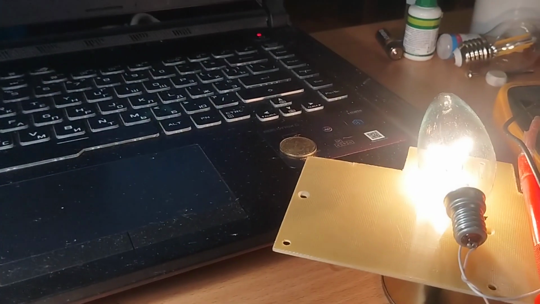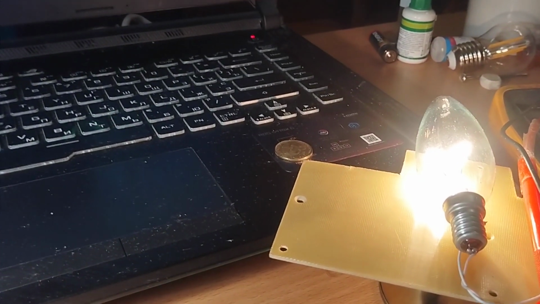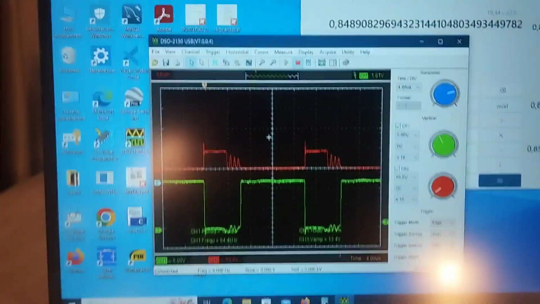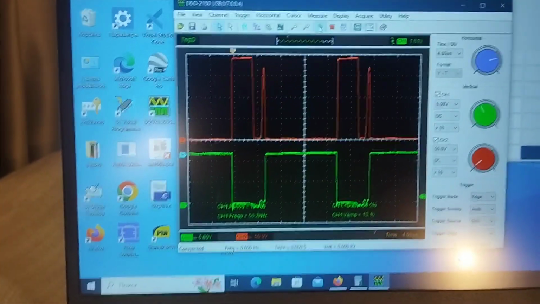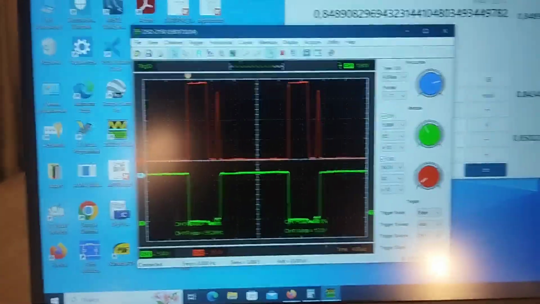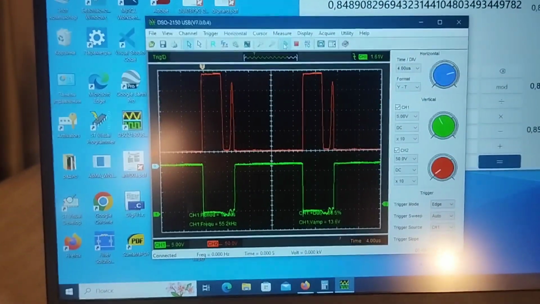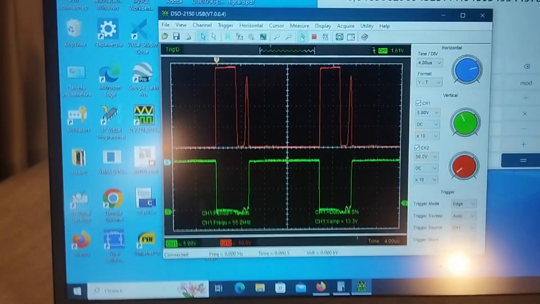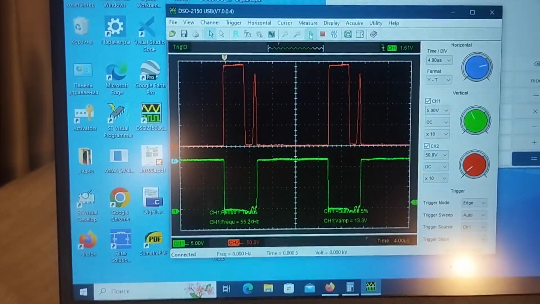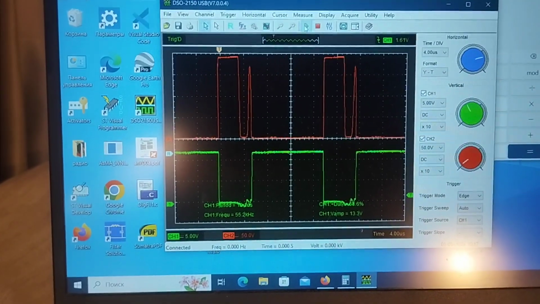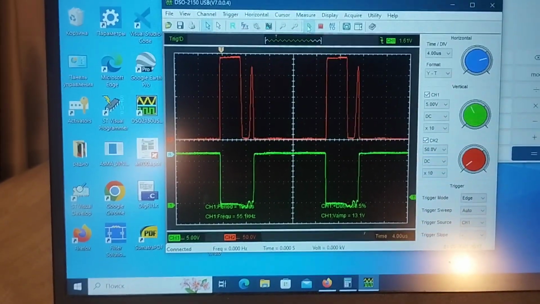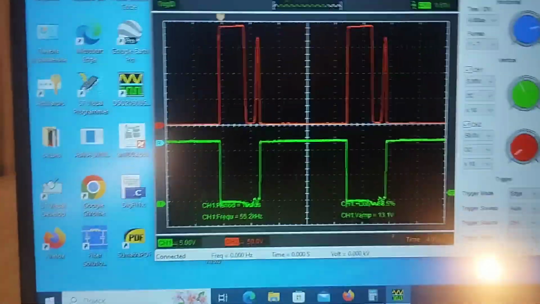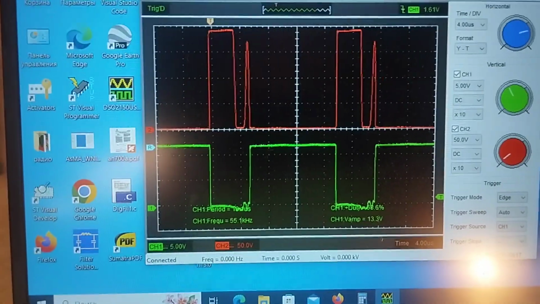Let's look at the second stage. Here we see that the voltage on the drain of the second switch is much higher than on the first switch. Here we see the same picture.